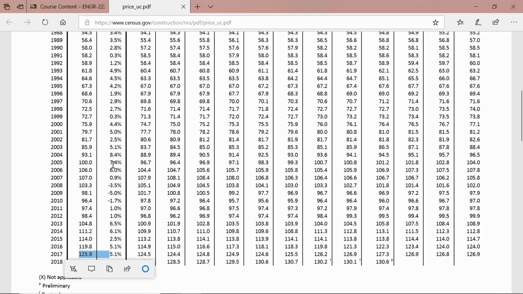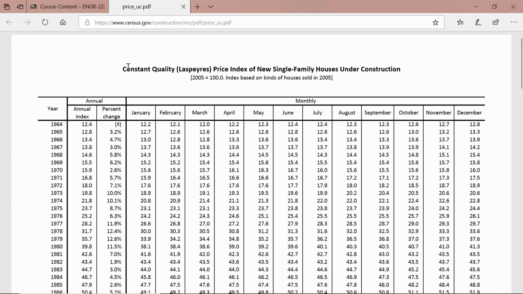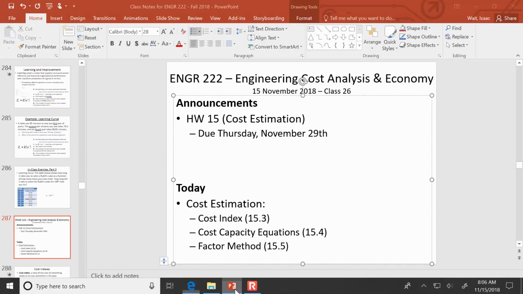Some things are getting cheaper over time. Most things are getting more expensive, but that rate of cost appreciation varies from field to field. And so we can get an index to tell us specifically for the thing that we're interested in how much prices have changed. And this is just an example of an index for housing.